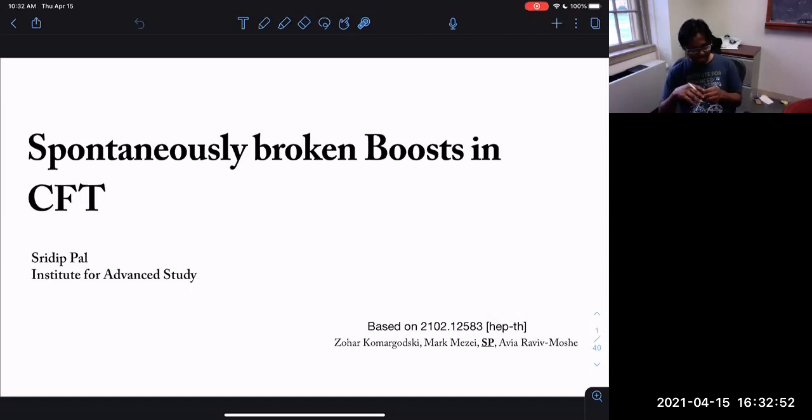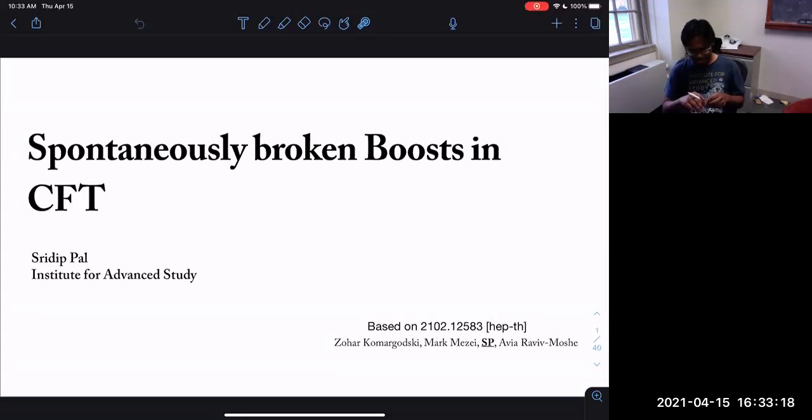This implies the existence of some states in the infinite volume theory, and which also implies the existence of some states in the finite volume theory for which we are taking the infinite volume limit. So the idea is to look at those Goldstone theorems in the infinite volume limit and put constraints on the spectrum of the theory living on the finite volume.